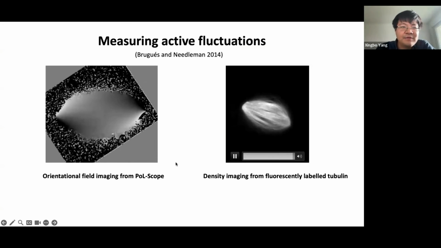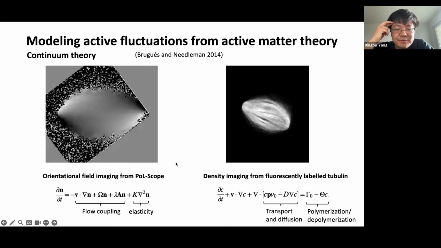Now, how do we apply our theory to the system to learn interesting information? Again, you can write down your equation for the polarization field or director field. In this particular case, this is a slightly different class of active matter compared to the self-propelled type that I was proposing, but essentially they're similar. I'm not going to go into details of the actual differences. In this case, they have this director field. First, of course, they have local elasticity because they are filaments and, like liquid crystals, they have elasticities.